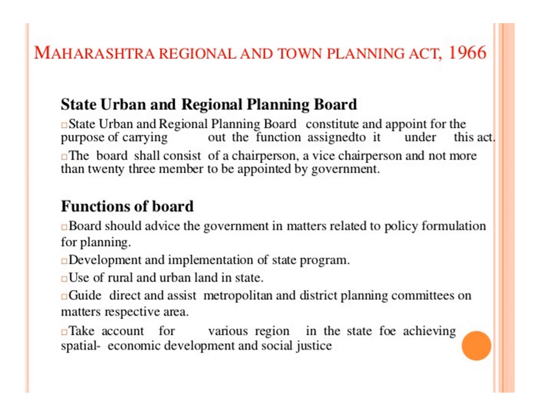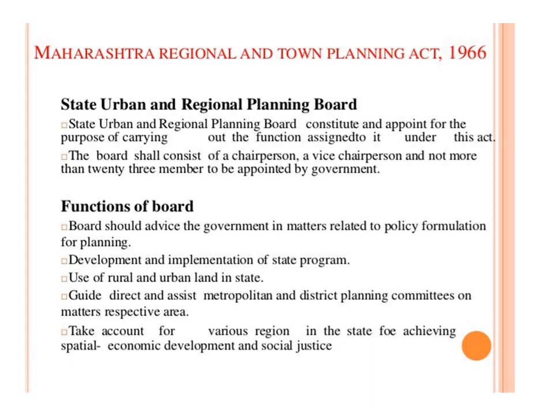State, urban and regional planning board constitute and appoint for the purpose of carrying out the function assigned to it under this act. The board shall consist of a chairperson, a vice chairperson and not more than 23 members to be appointed by government. The function of the board is to advise the government in matters related to policy formulation for planning.